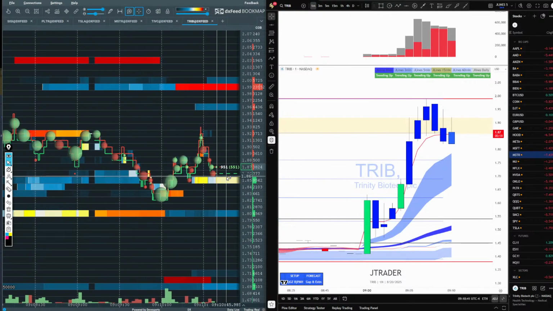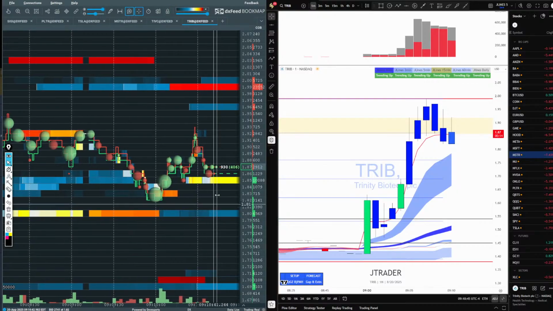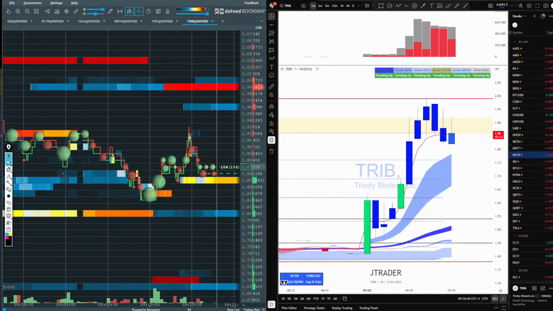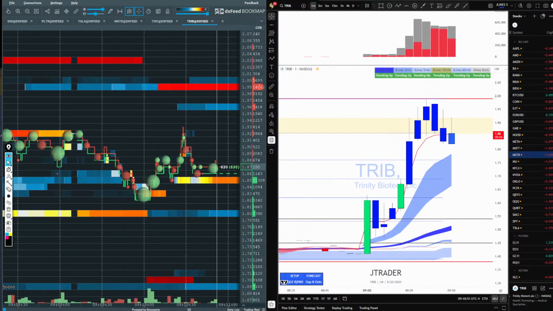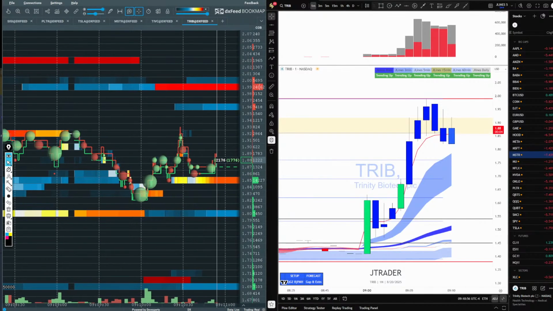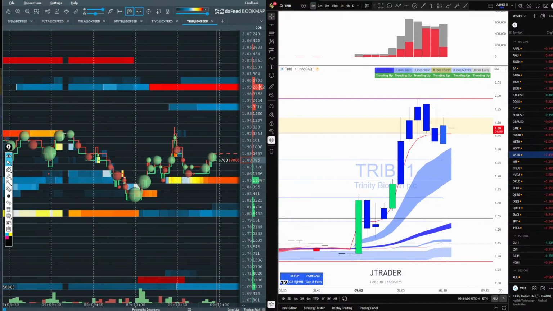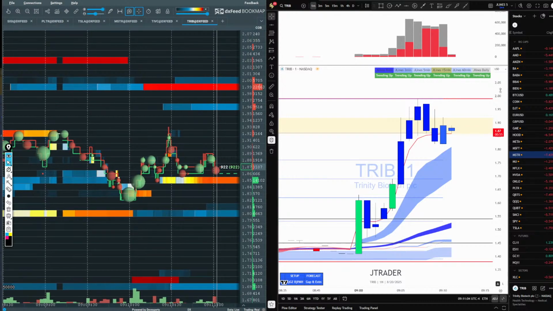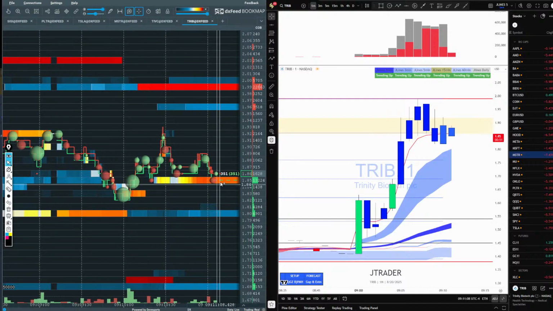So if they're gonna hold the support over here and start curling, I'm gonna look into a long play, risking just this 184, 185. Let's see if we can have that play. Not yet.